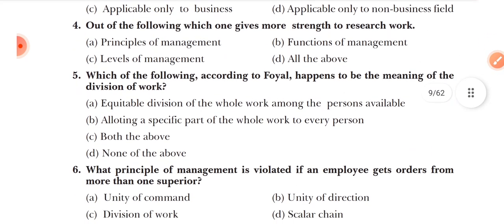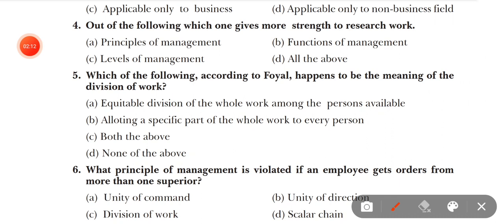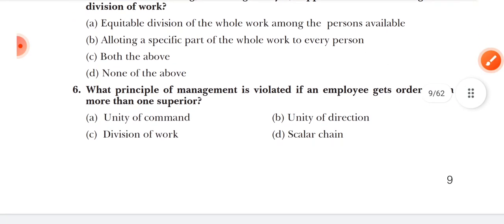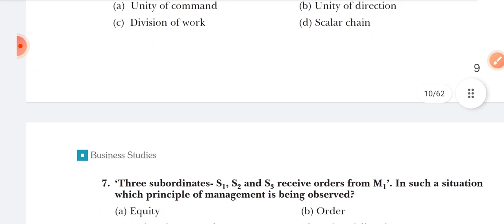Question 6. What principle of management is violated if an employee gets orders from more than one superior? And the correct option is option A, unity of command. Question 7.